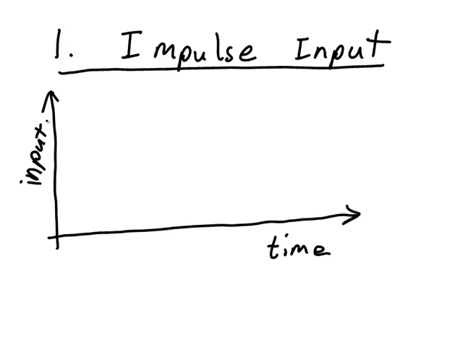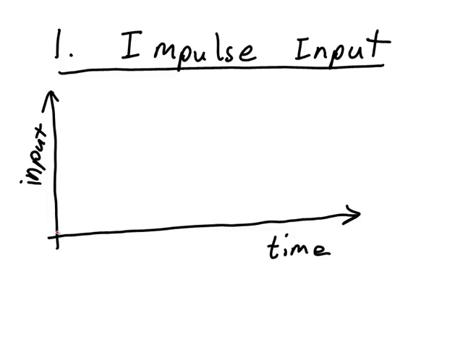Now remember that the input signal is whatever you decide it is. That is, it's whatever quantity you're interested in modeling. It could be a force or a position or a current or a voltage. Whatever kind of input you're using for your system at the time, that input could be an impulse input. And if so, it would look like this.